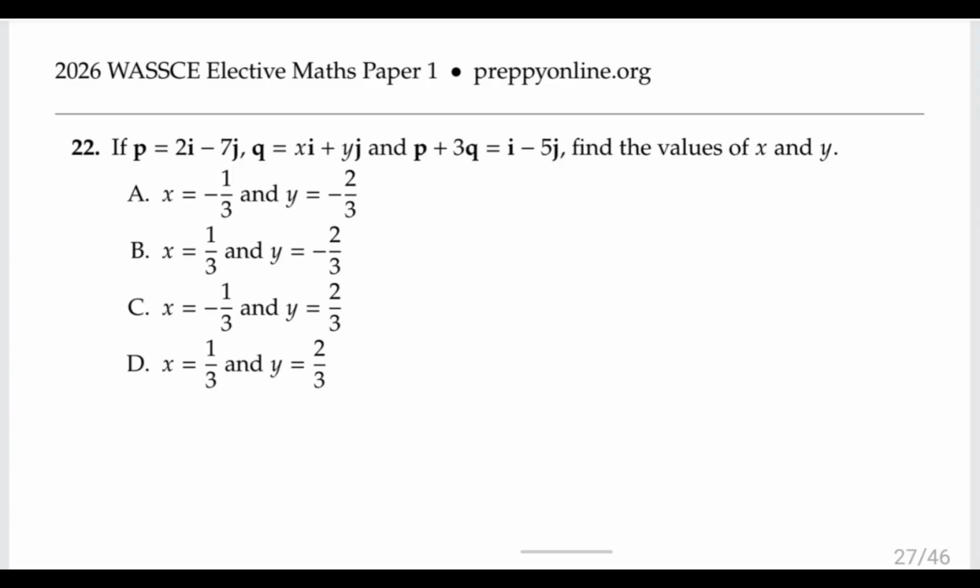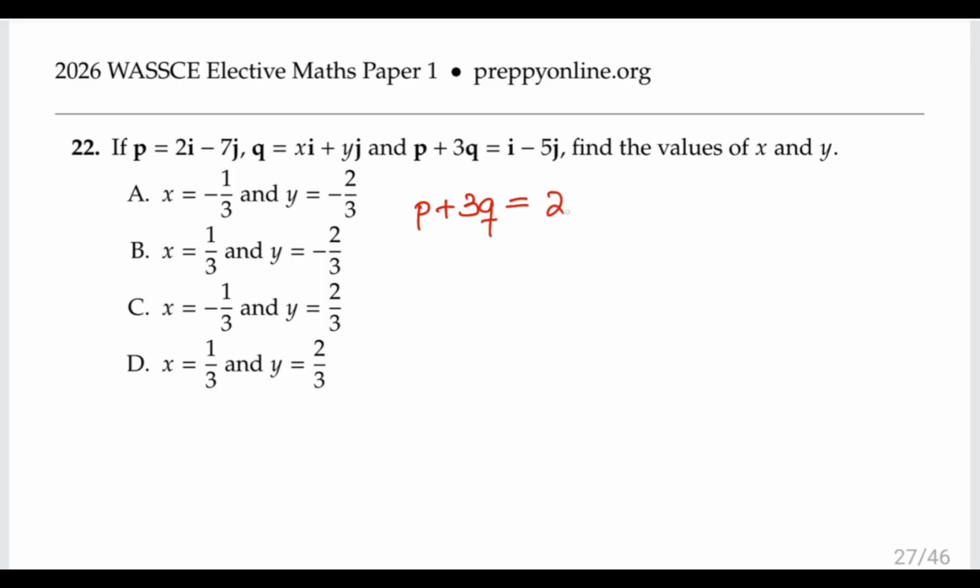Question 22. P is equal to 2i minus 7j, and Q equals xi plus yj, and P plus 3Q equals i minus 5j. Find the values of x and y. So we have P plus 3Q. These are vectors, let's not forget that.